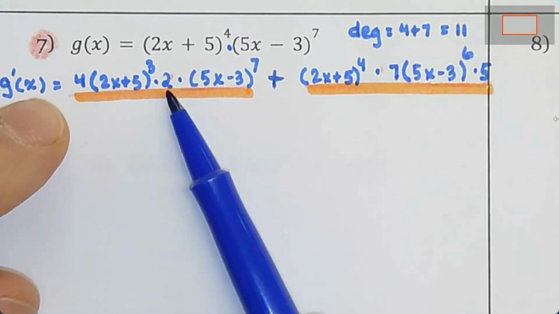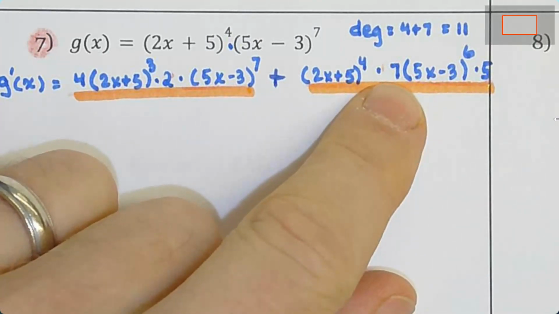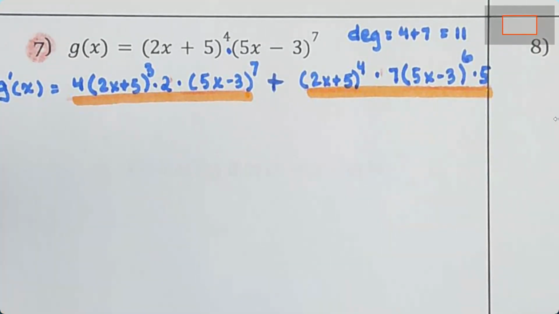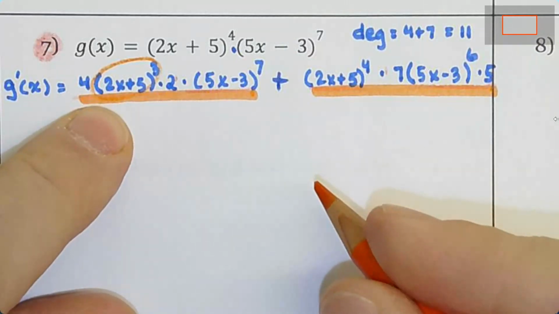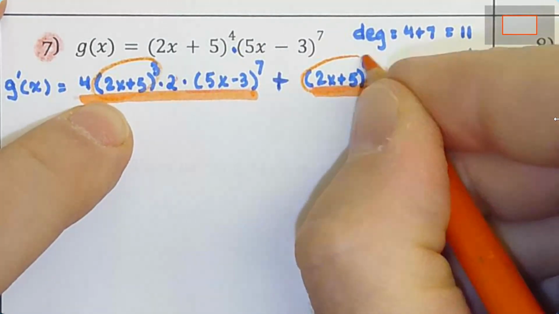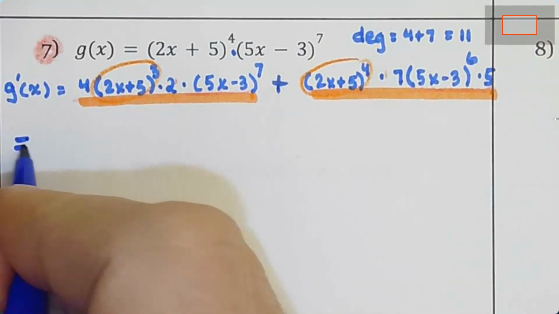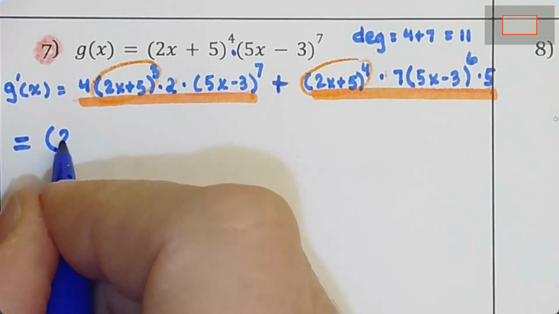So I've got a 4 and a 2, that's 8, and then I've got a 7 and a 5, that's a 35. They don't have any common factors. But I can see that right here, I have 3 factors of 2x plus 5, and here I've got 4 factors, so I can factor out 3 of them.